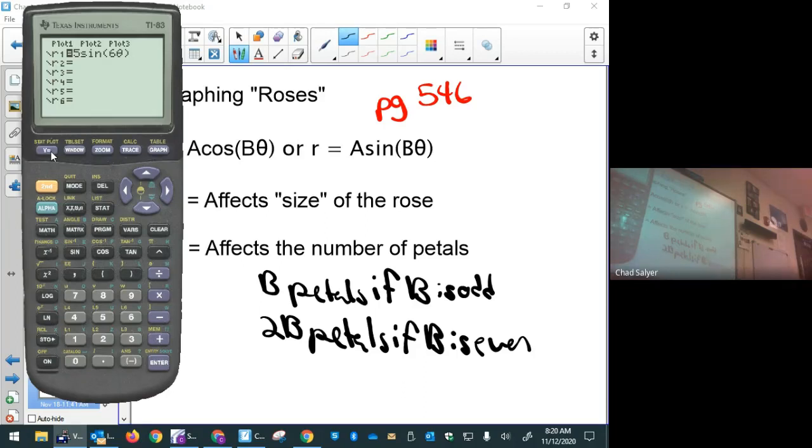Oh, even. Right, it's even, so how many petals would it have? Okay, so B petals if B is odd, 2B if even. So what's 2 times B?